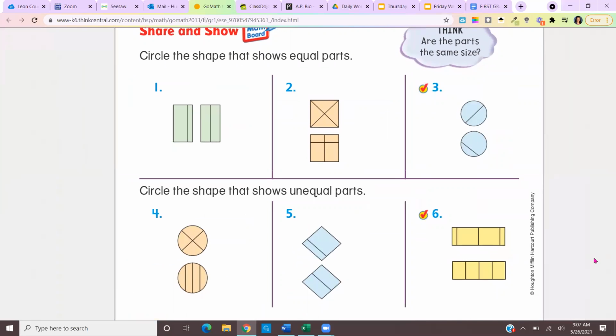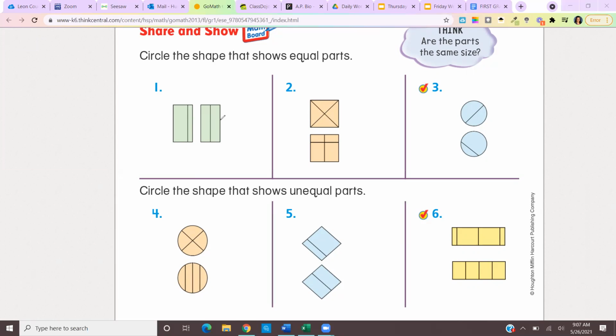It says circle the shape that shows equal parts. So for each number, I want you to give me a thumbs up for yes, a thumbs down for no. Looking at number 1, does this shape show equal shares? No. But what about this shape for number 1?